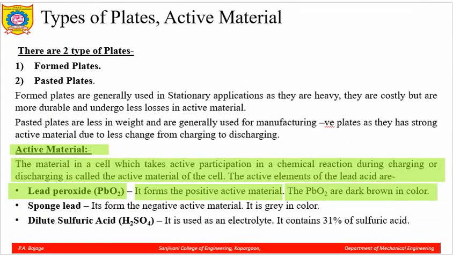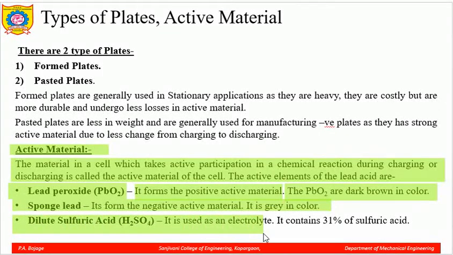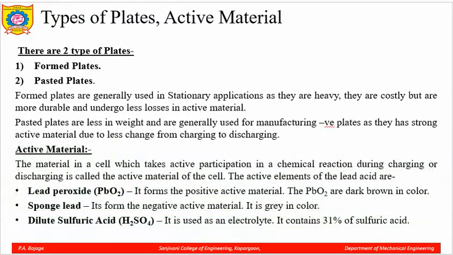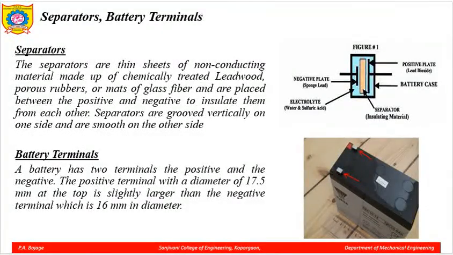Sponge lead forms the negative active material and its color is grey. Next, dilute sulfuric acid, that is H2SO4, is used as an electrolyte. It contains 31% of sulfuric acid. So this was about the active material which actually takes part in the chemical reaction.